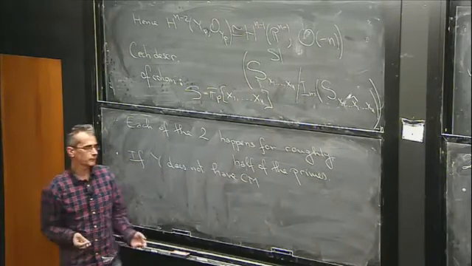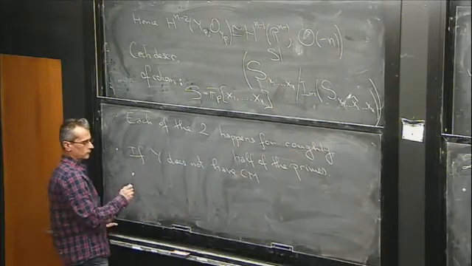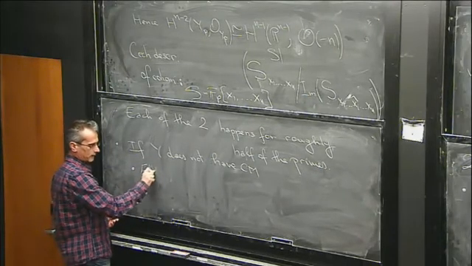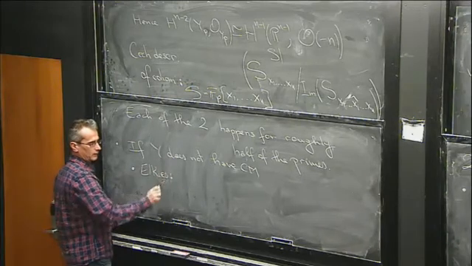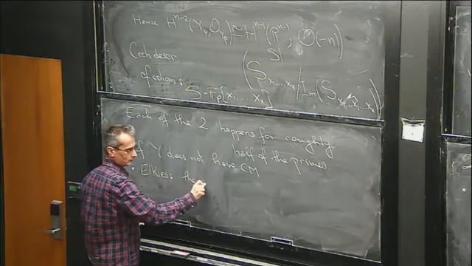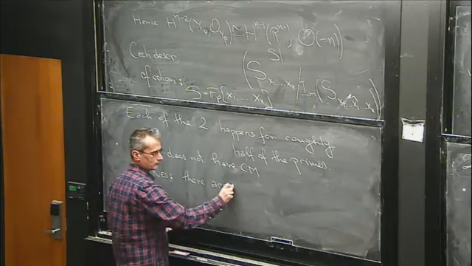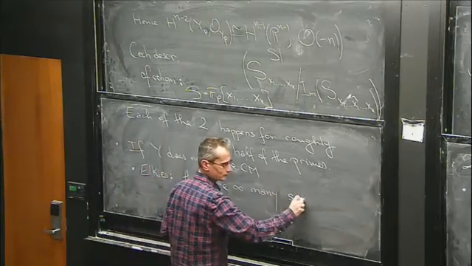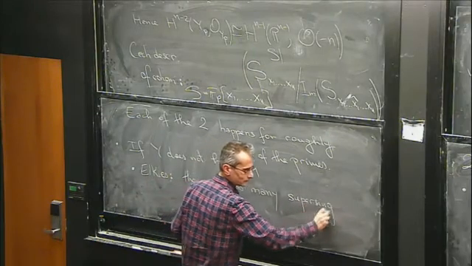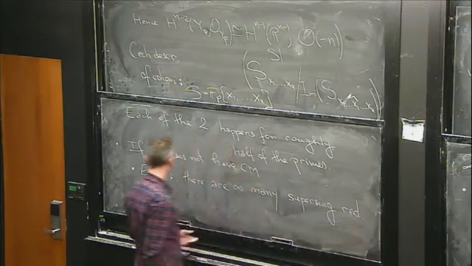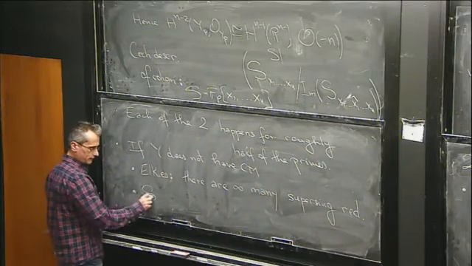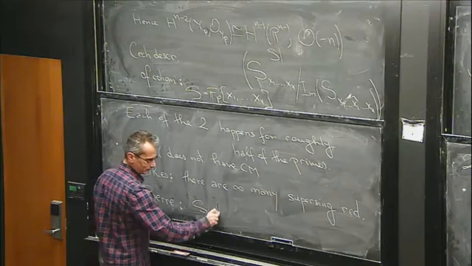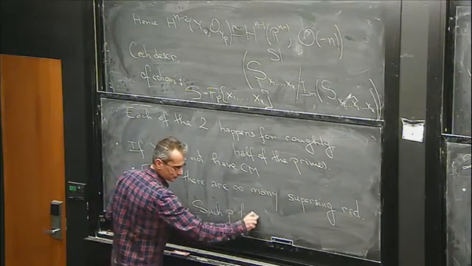So then what happens is that, it's a result of Elkies, because I started with elliptic curves over Q, that there are infinitely many supersingular reductions. However, it was proved by Serre that such primes have density 0.